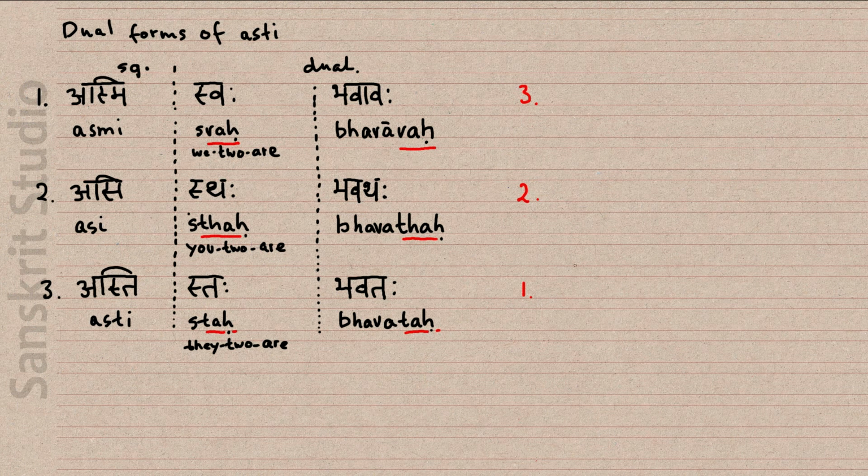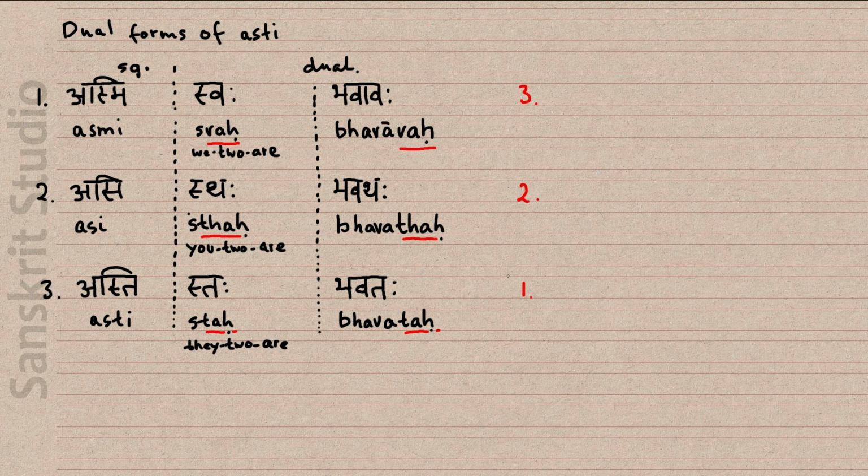But we're not really concerned about this. The idea is simply that it's the opposite scheme from the English scheme. So in the English terminology on the left here, the first person refers to asmi, or svaḥ.